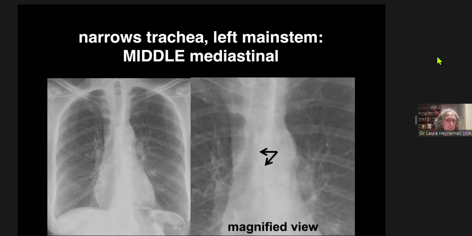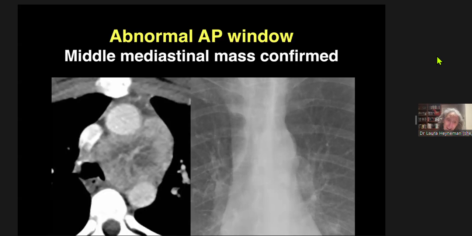So that suggests that there's something in the middle mediastinum adjacent to the airways. And I think this is scary, because there is a huge middle mediastinal mass, which results in a pretty subtle abnormality on the radiograph. And it is this convexity in the AP window that clued us in.